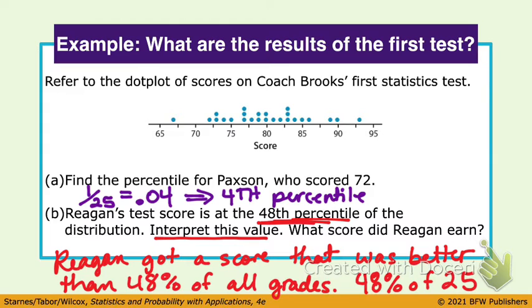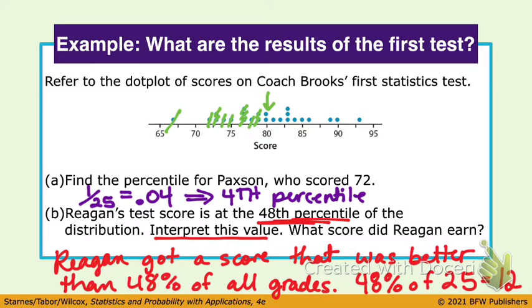So 48% of 25 equals 12. So that means Reagan did better than 12 students. So if I just start counting from the bottom here, then that'll tell me where Reagan's at. So 1, 2, 3, 4, 5, 6, 7, 8, 9, 10, 11, 12. So that means Reagan is the very next number, which would be an 80.